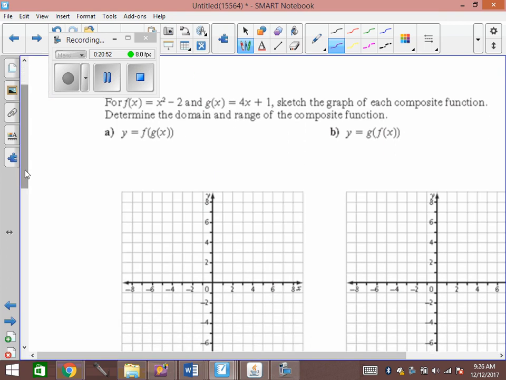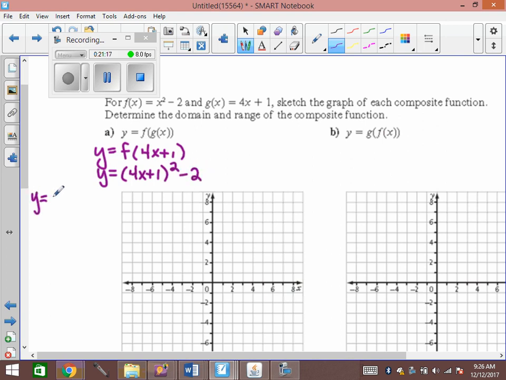So for f of x equals x squared minus 2 and g of x equals 4x plus 1, sketch the graphs of the composition function. So you'd have y equals f of 4x plus 1, and so y equals (4x plus 1) squared minus 2.